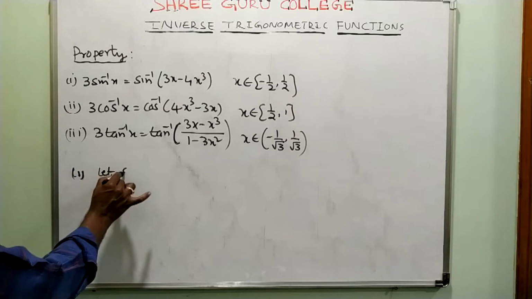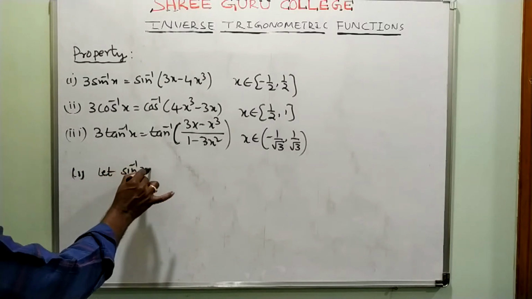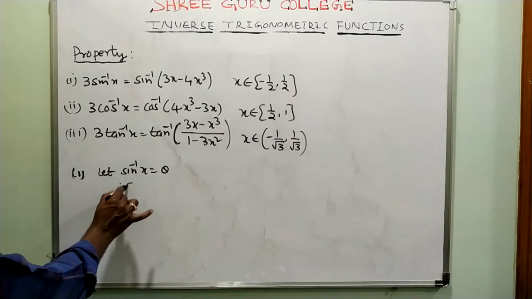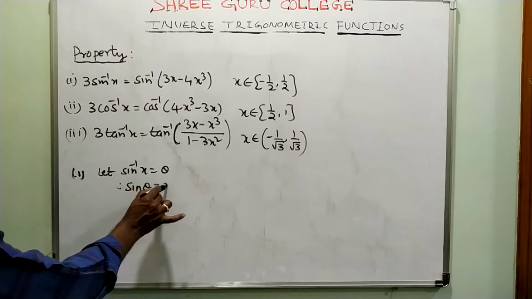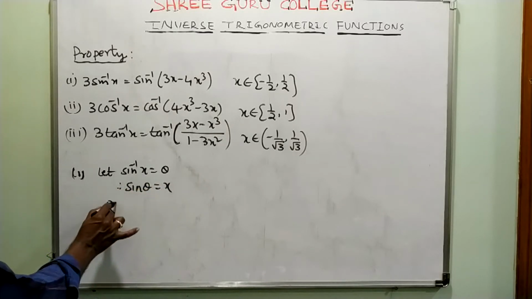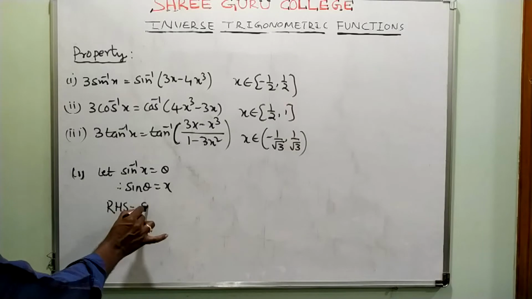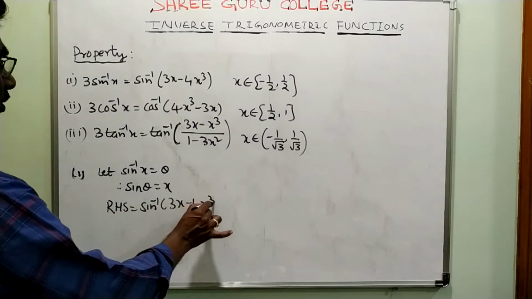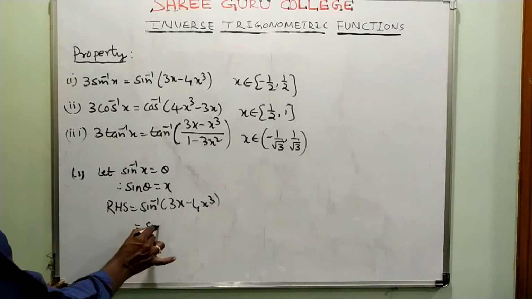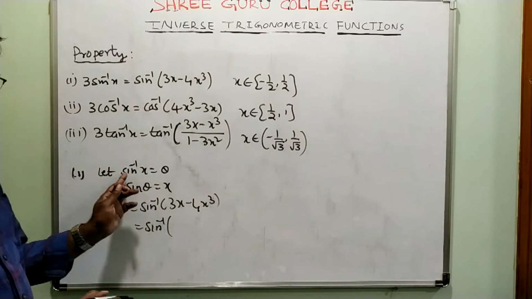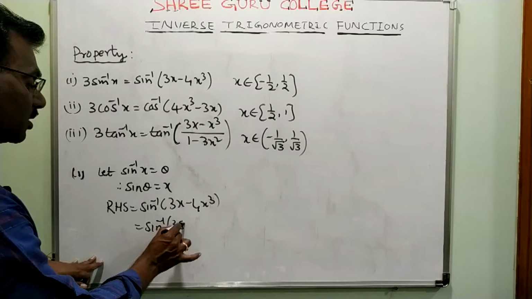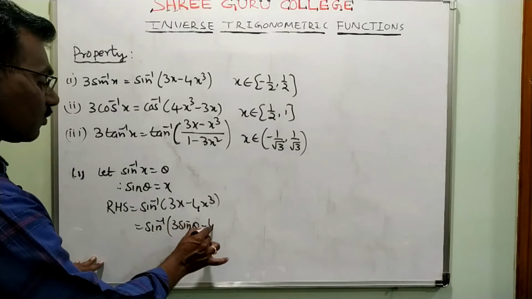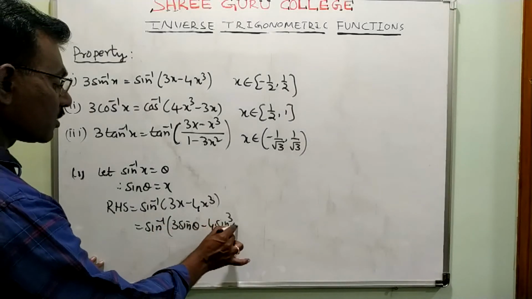Let sin inverse of x be equal to theta. Therefore, sin theta equals x. Now here, on the RHS, sin inverse of 3x minus 4x cube. Since x is sin theta, this is sin inverse of 3 sin theta minus 4 sin cube theta.